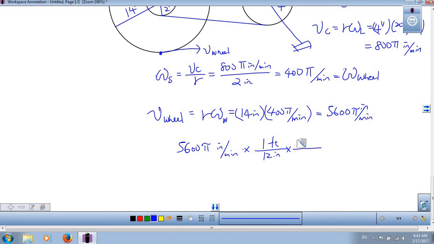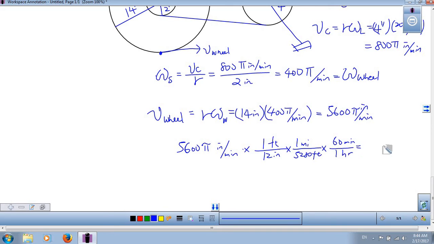Each mile has 5,280 feet, so multiplying by this ratio sets it up into miles. Then we convert minutes to hours, with 60 minutes per 1 hour. After that, the inches, feet, and minutes cancel out, leaving miles per hour. Let's type it into the calculator.